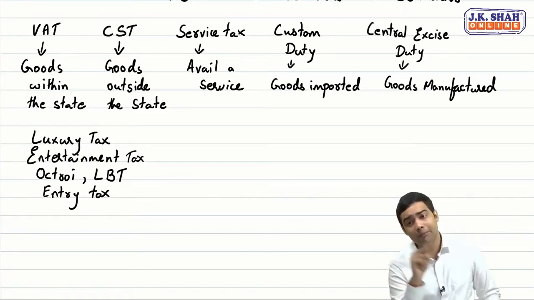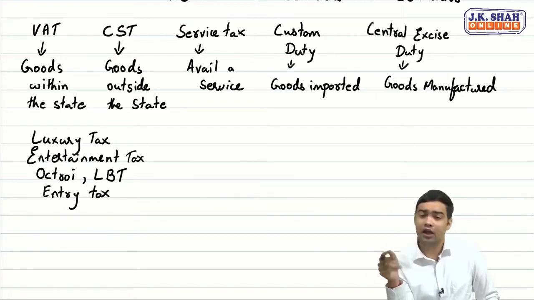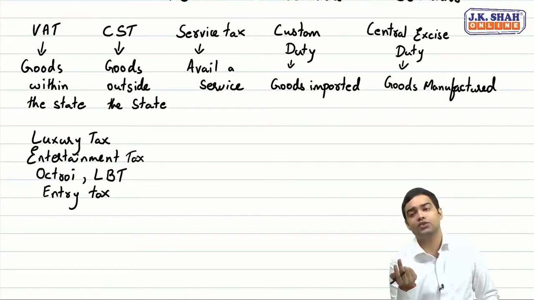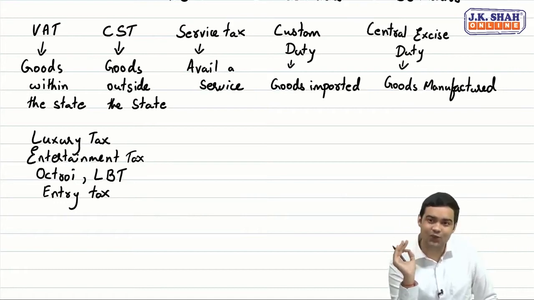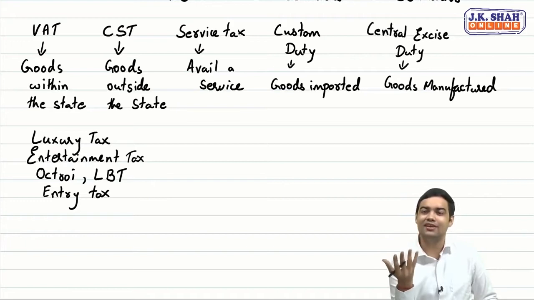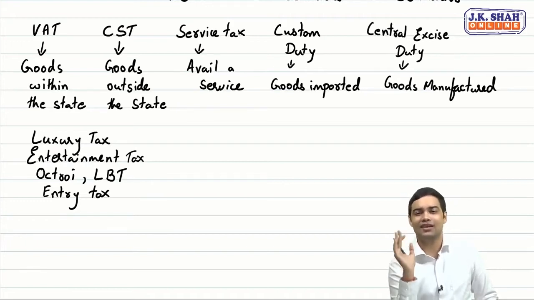Same product being sent to Pune, local body tax is applicable. Same product sent to another state, there was another entry tax which was applicable. So the issue was not multiple taxes per se. The issue was that a particular product was being levied with several taxes.